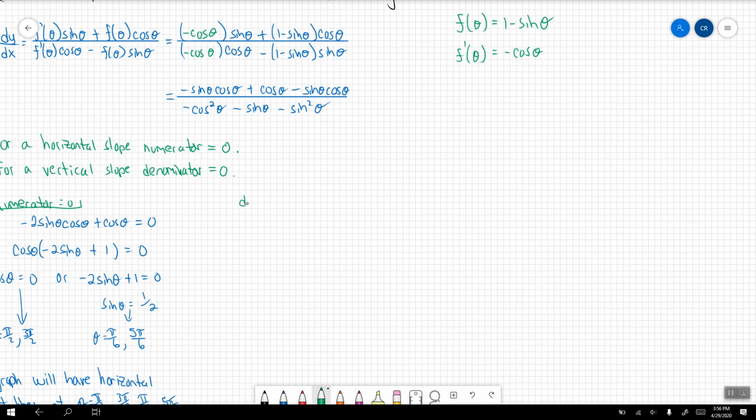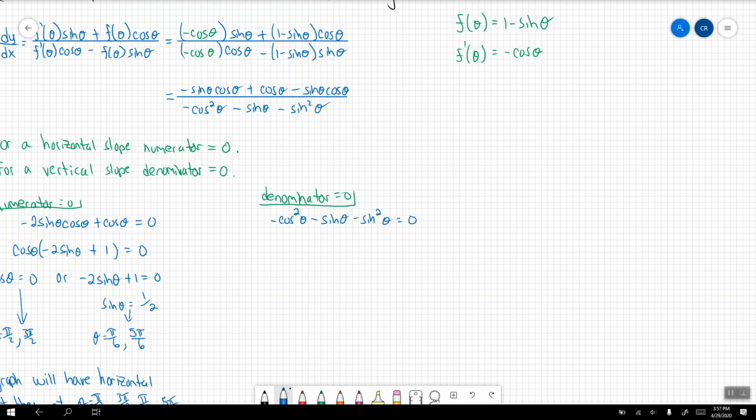All right, so then denominator. I want my denominator to be equal to 0 now. So let's look at that. Looking at my denominator being equal to 0, so here I'm going to have negative cosine squared theta minus sine theta minus sine squared theta is equal to 0.